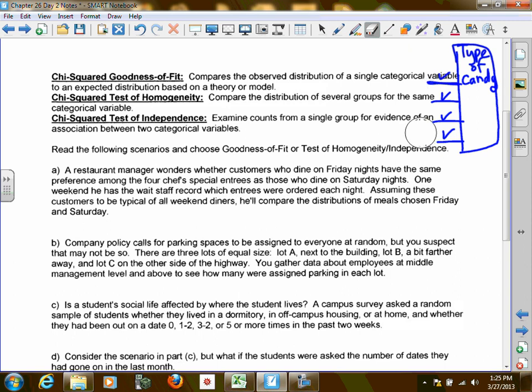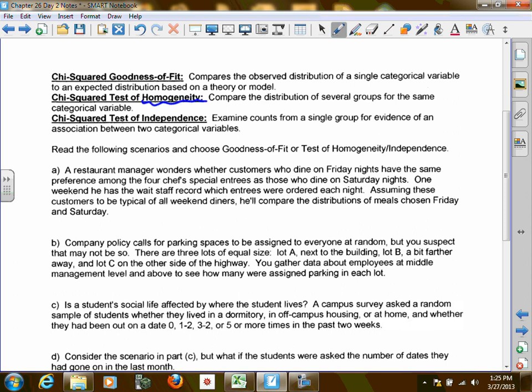All right. So the ones that we learned yesterday are the chi-squared test of homogeneity and independence, and those are computed in the exact same way. The only reason you call one of them homogeneity and one of them independence is because of the way the question is worded. If the question asks you if the groups are the same, then you would call it chi-squared test of homogeneity.